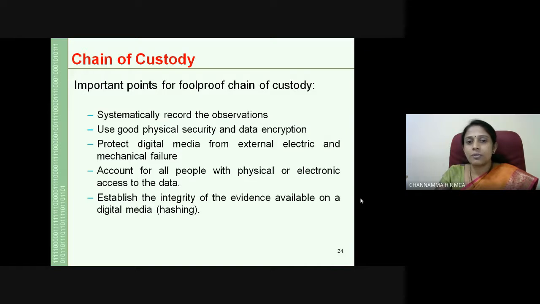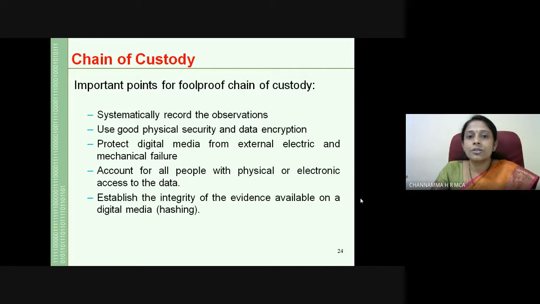And protect digital media from external electronic and mechanical failures, like temperature or any other mechanical devices, magnetic devices, which may alter the digital data.